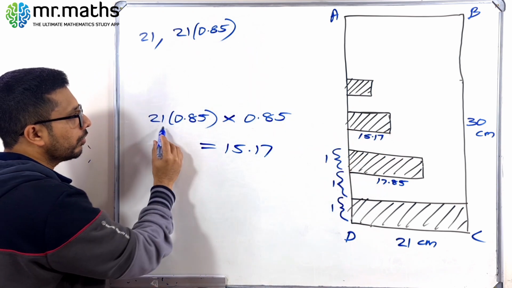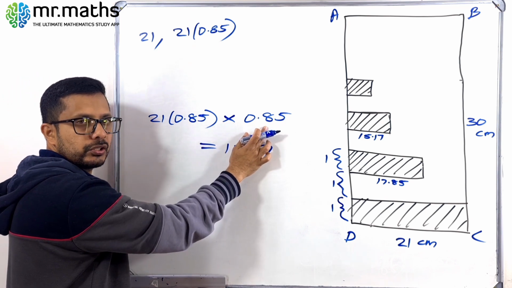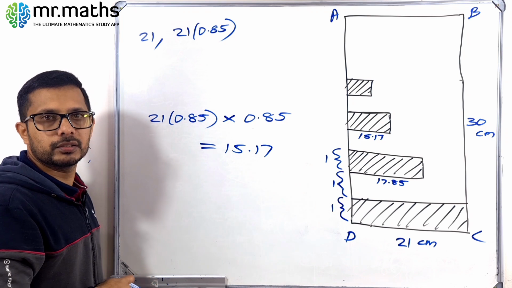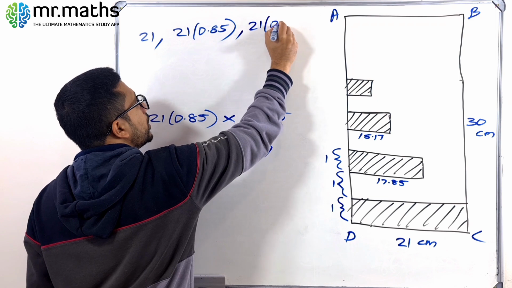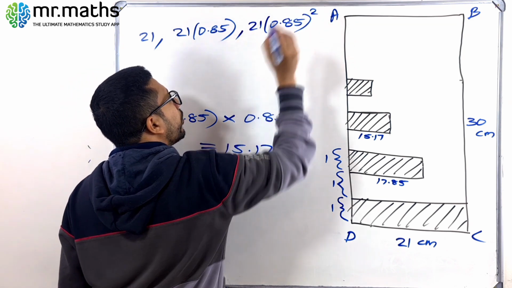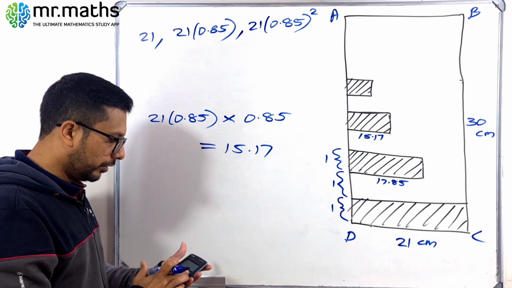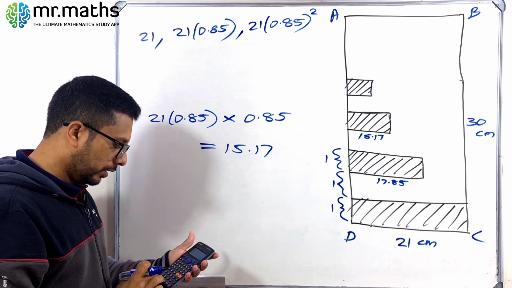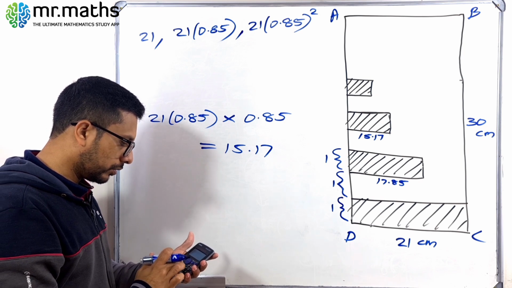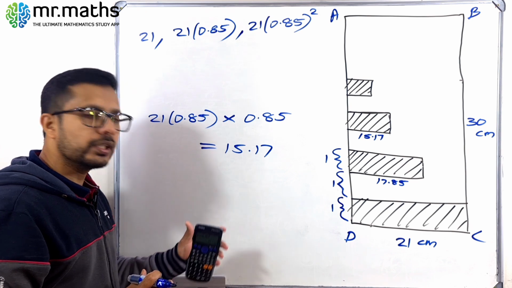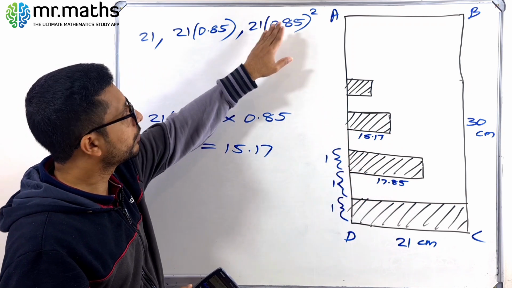Instead of writing like this, look, 0.85 times 0.85 is 0.85 squared. So the next term is 21 times 0.85 squared. Check in your calculator what the answer is there. Can you see that you are getting the same answer, 15.17? So that is the length of the third one.